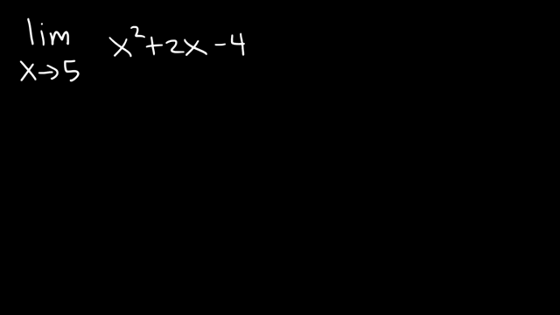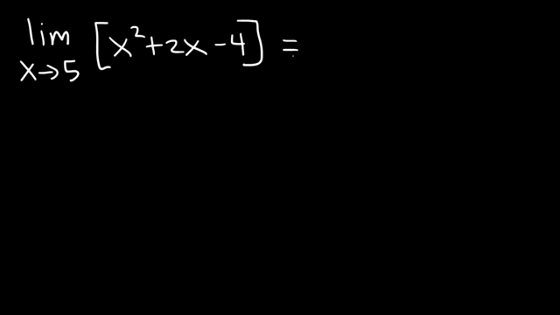Now let's look at another example. What is the limit as x approaches 5 of x squared plus 2x minus 4? Notice that we don't have a fraction, so we're not going to get a 0 in the denominator. For a question like this, you can use direct substitution.